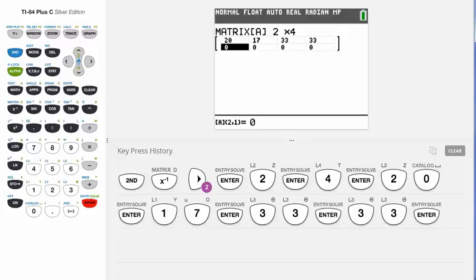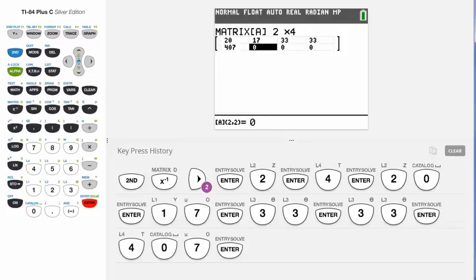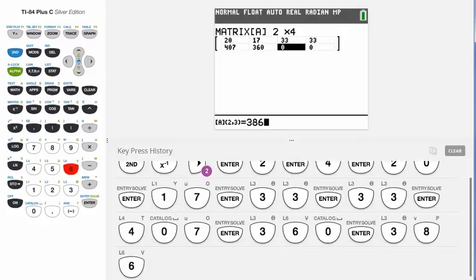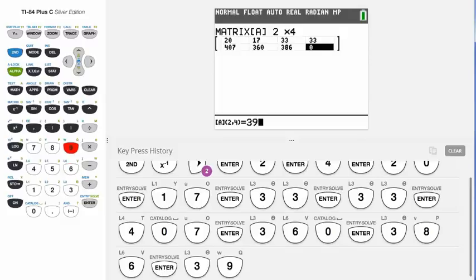Then I'm going to use the values for no diabetes: 407, enter, 360, enter, 386, enter, 391, enter. Now I'm ready to create the matrix for expected frequencies.